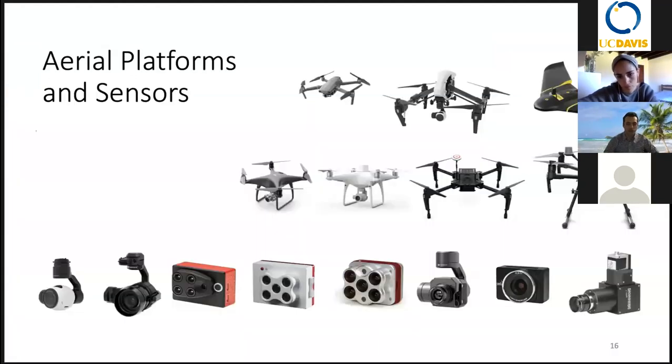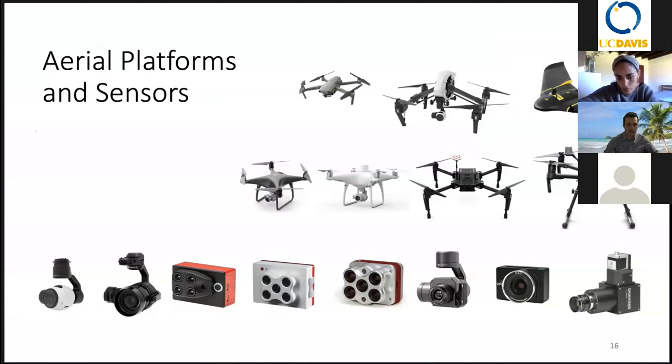We can use a different platform depending on our application and the size of our orchard. For data collection, we can use fixed wing that would fly higher and faster and can cover a bigger area, but it has a lot of limitations. We can use quadcopters that we have a lot of control over.